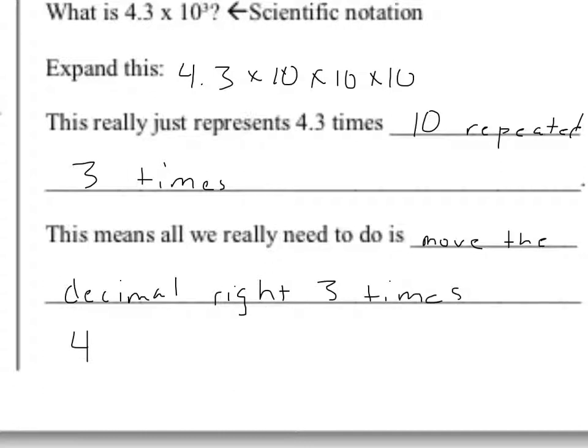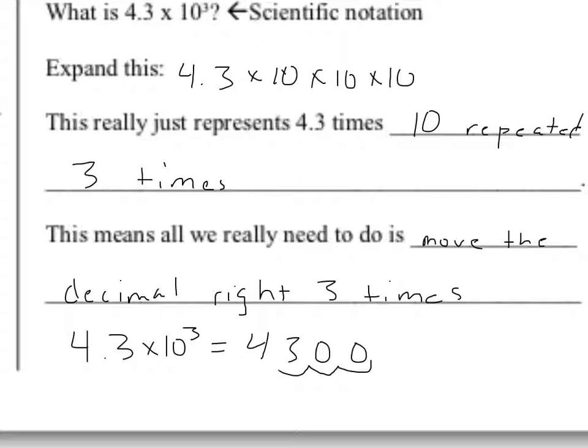So I have 4.3 times 10 to the third power is going to be equal to 4.3, but each time I multiply by 10, I'm moving the decimal right once. So 1, 2, 3 times. Put in some placeholders there. I'm going to go back and delete my original decimal. And I see that 4.3 times 10 to the third power is really just a different way of writing 4,300.